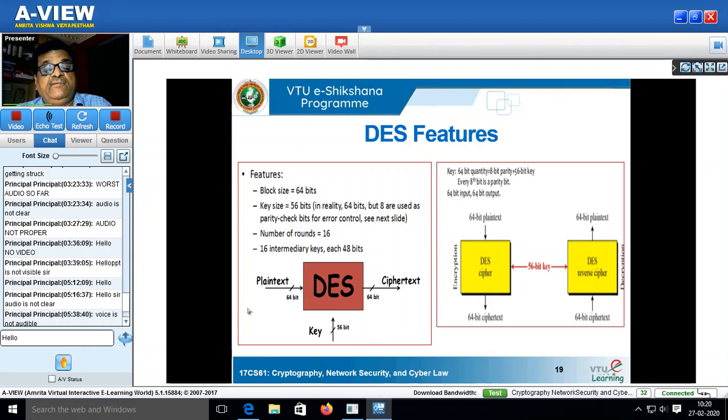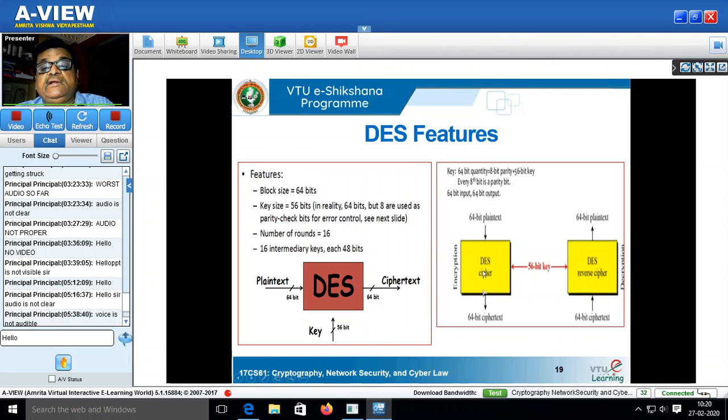In brief, a 64-bit plain text, with parity check bits. Like this, block 1, then block 2, block 3, block 4 of the plain text are being converted.